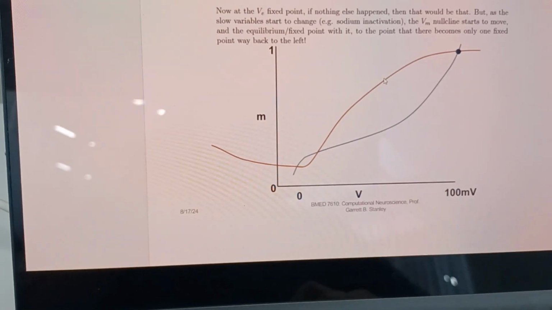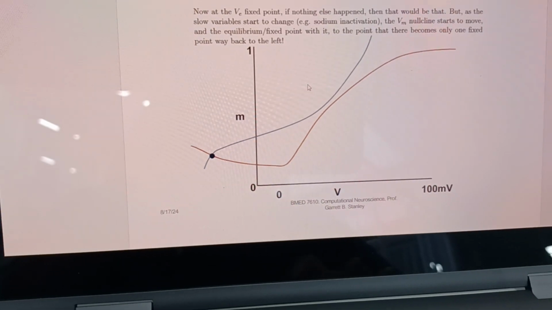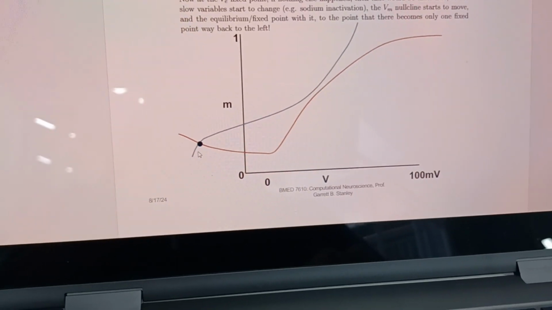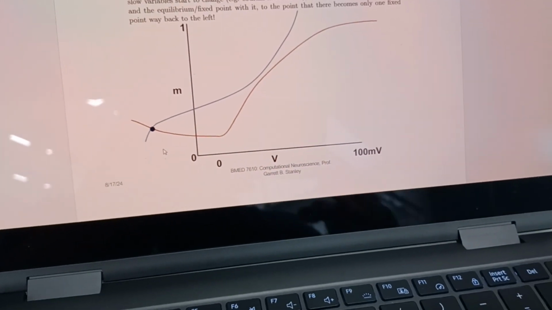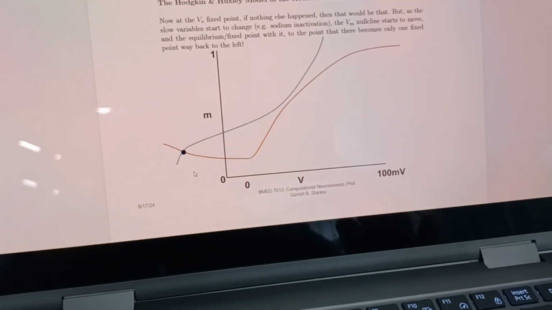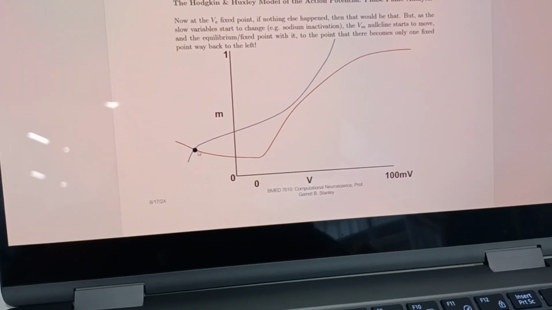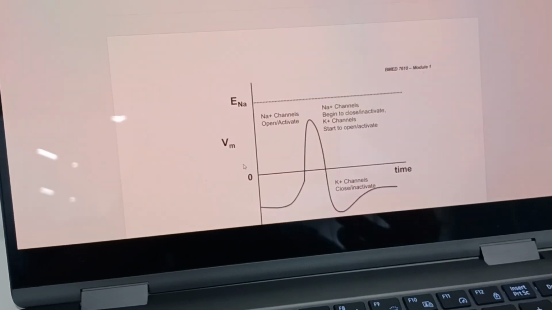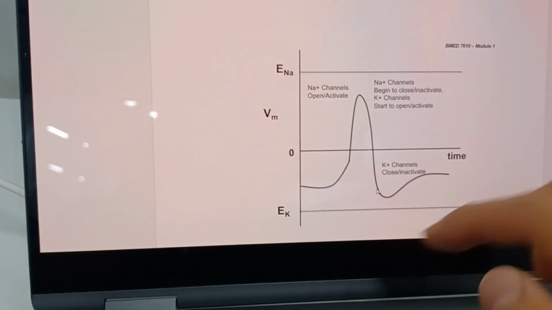Things are changing, like from here, if it goes slowly to the left, and this blue line to the left, and then we only have the one equilibrium point left, so it goes all the way down to here into the negative voltage regime, which is how, when the actual neuron signals, they go down, they overshoot below their resting voltage, and that's what it's representing. And then eventually it goes back to the 0 point, or the resting voltage, and that's what this was indicating.